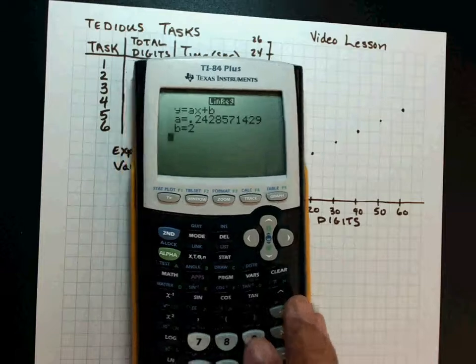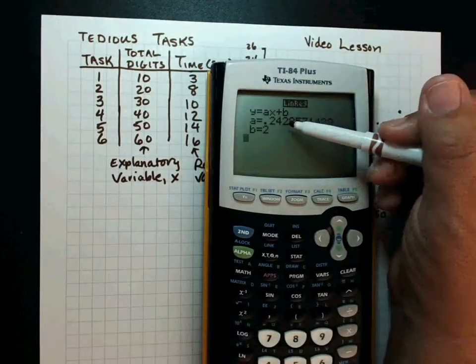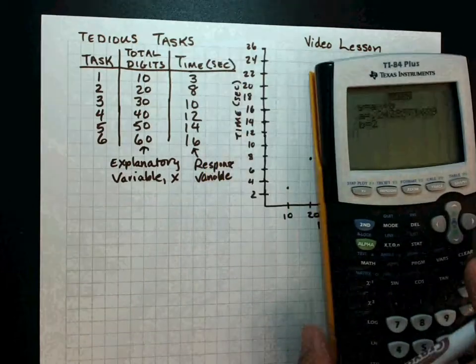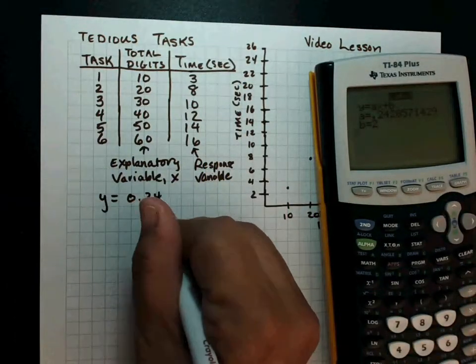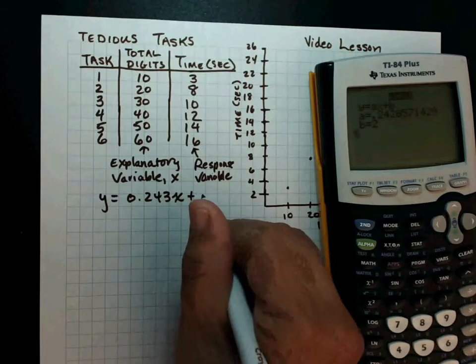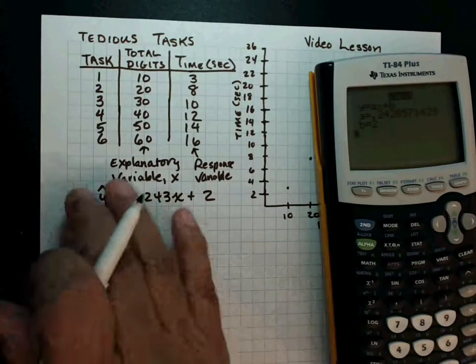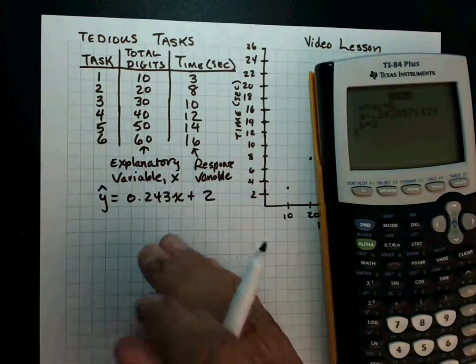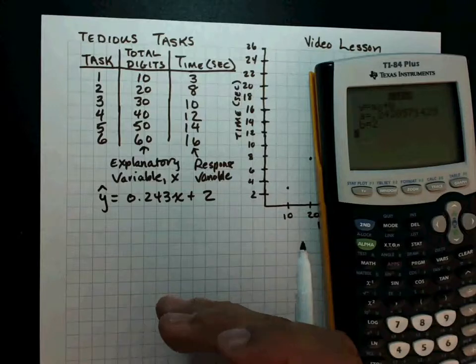And you can see that my model is, there's my slope, 0.243, and my y-intercept is 2. So I can say y hat equals 0.243x plus 2. And put a little y hat, because that means we're making predictions. This is based on data, and it's not based on a population, so it's a statistical analysis.